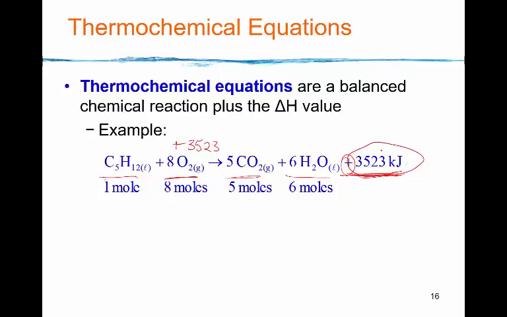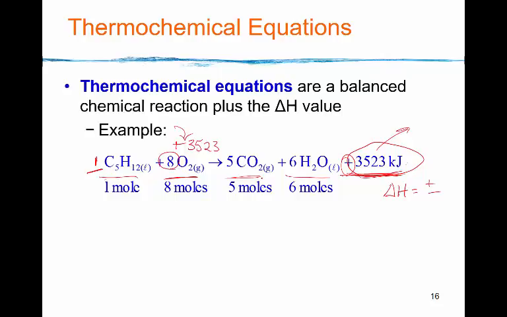Obviously, if it's a product, I'm giving off heat, so it's exothermic. If it was one of the reactants, I was putting it into the reaction, so it would be an endothermic reaction. And just like that, I can also write the delta H as either a plus or a minus value. Now, it's important when we're looking at thermochemical equations that we remember that what we're looking at here is 1, because we are lazy chemists and we don't write the ones.